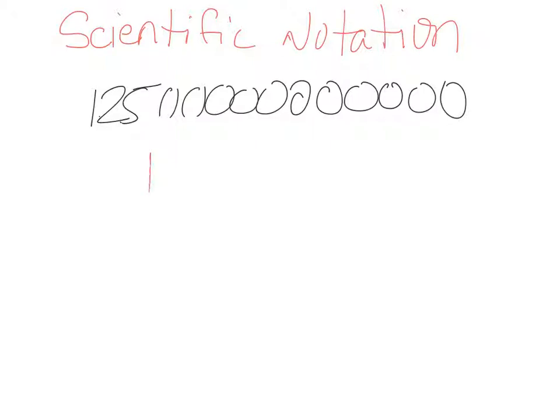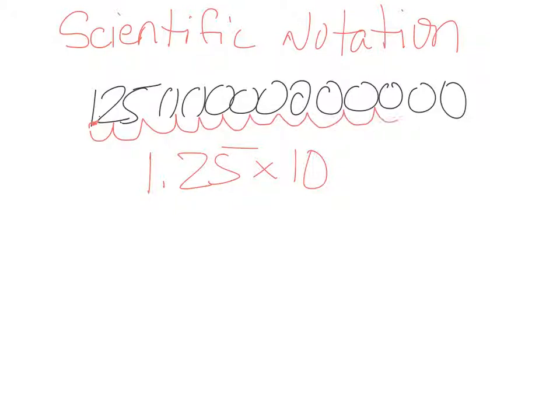And I'm going to rewrite that as 1.25 times 10 to the. So I put my decimal point here. So now I have to count 1, 2, 3, 4, 5, 6, 7, 8, 9, 10, 11, 12, 13 times, 10 to the 13th. So these two numbers mean the same thing.